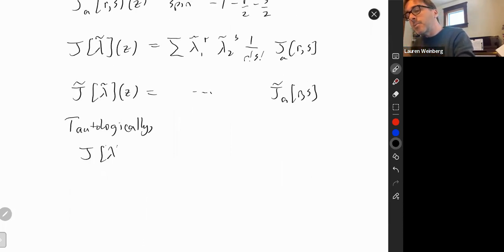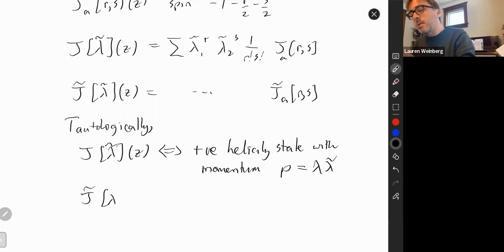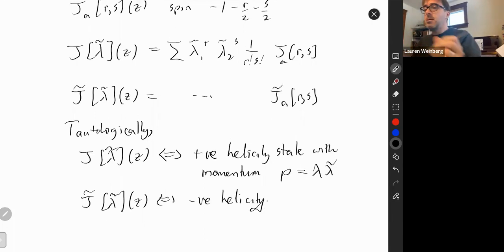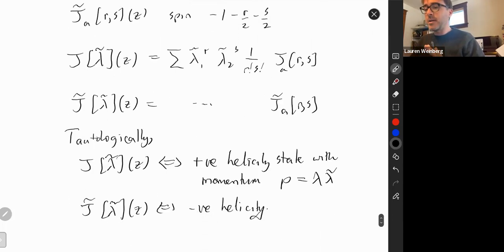J of lambda tilde at z corresponds to a positive velocity state with momentum lambda lambda tilde, and J tilde of lambda tilde at z corresponds to negative velocity. So this is all really trivial. We're going to get some content. Let me explain the content we're going to find.